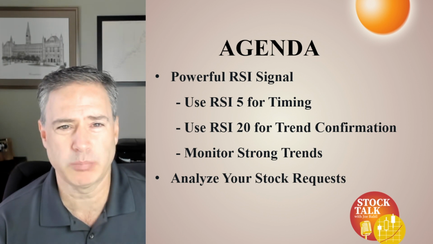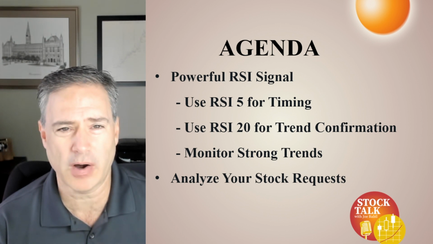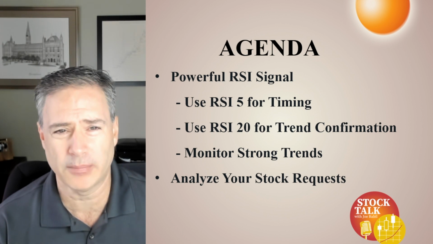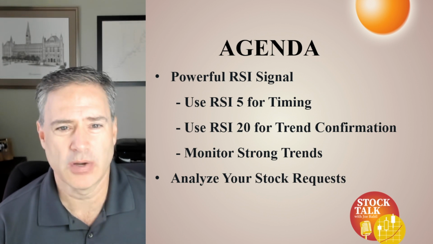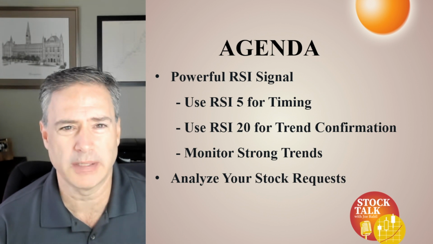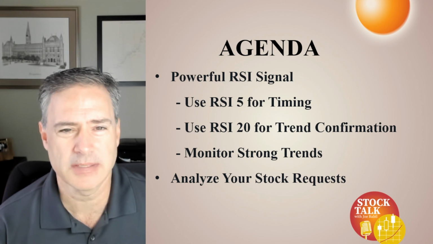And if that takes place in a strong trend, either up or down, I'm going to show you a positive, bullish version. If we have a strong trend and we get an extreme reading, we want to take advantage of that. That's what I'm going to try and cover in today's lesson, and then we're going to go through the symbol requests that came through. So let's get into this lesson now.